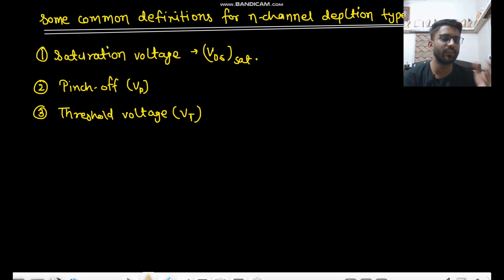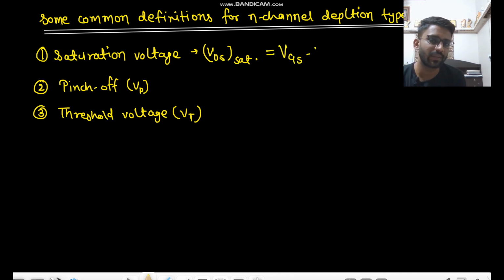Saturation voltage is always equal to VGS minus VT. That you should remember. The applied value of VGS minus VT is the saturation voltage.